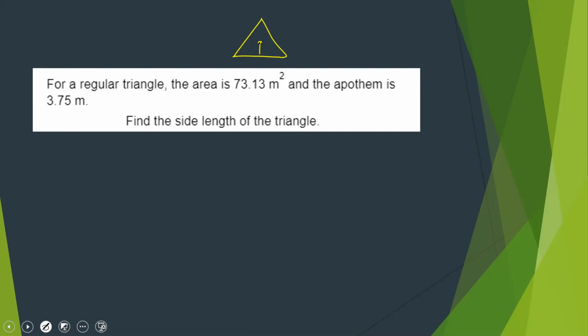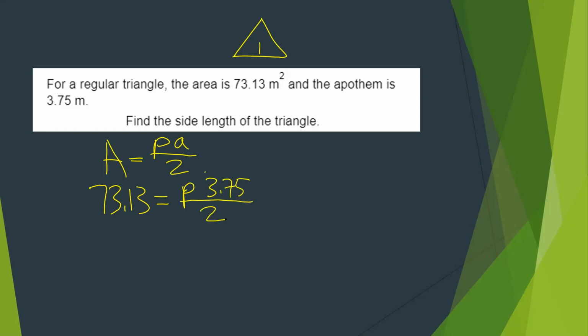Luckily, we still have this formula that holds true even on a triangle: our perimeter times our apothem divided by 2. Well, our area is 73.13. Our perimeter is the thing we are going to solve for. Our apothem is 3.75.